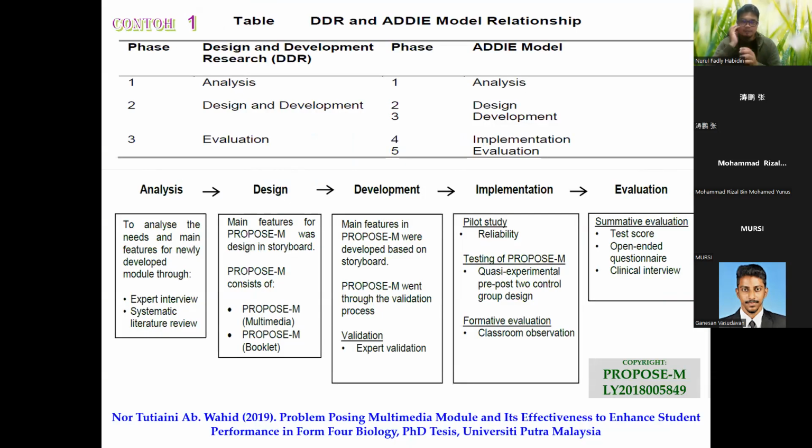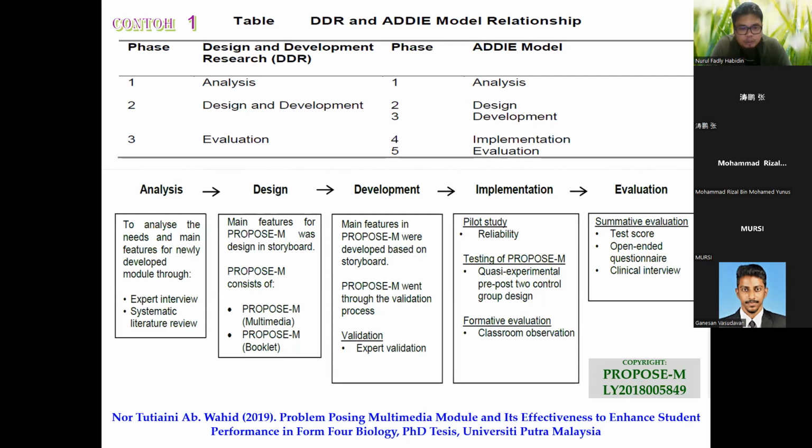Another really important thing I try to show you is that, according to the value of PhD and master by research students, we can also produce our own research design. But not 100% new; you can adapt from the previous research design and propose another research design in order to answer your research objective and research question.